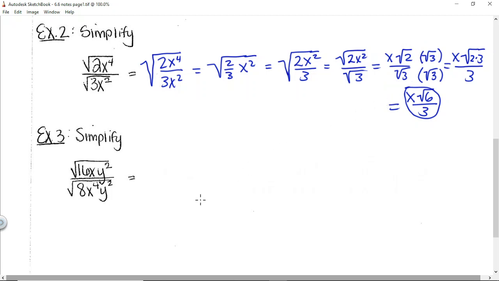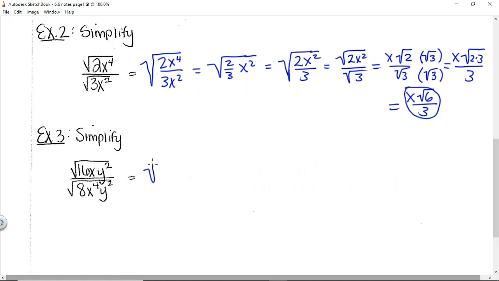Okay, so let's look at the next one. So we will go ahead and do our division just like we did on the first one. This time it's a little easier in a way because we don't have that fraction, the 2/3, to deal with in the one above.